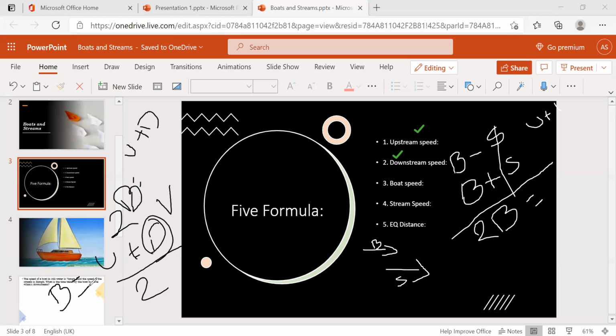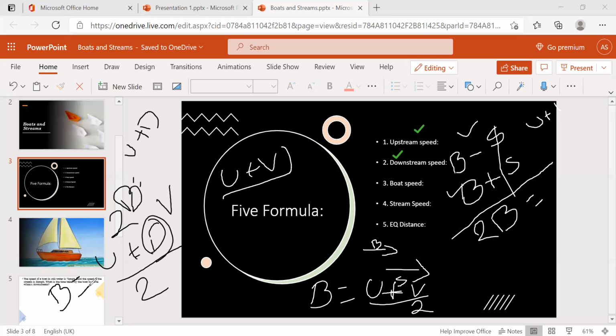Now what is the formula here? For b, the boat, it's u plus v, where v is the downstream speed, divided by 2. Is it clear? So how are we deriving this formula? Using the upstream speed and the downstream speed, we are adding both, u plus v.